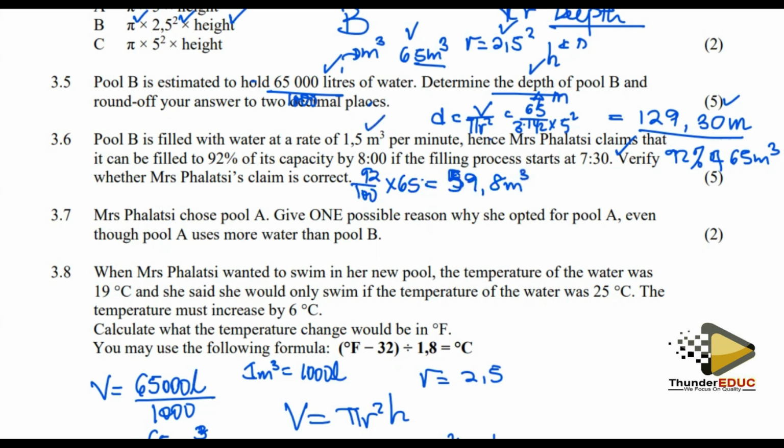I'm using meters cubed because also the rate is 1,5 meters cubed, and this rate is per minute. So how many minutes are remaining to make it to 8? The minutes remaining are 30 minutes.